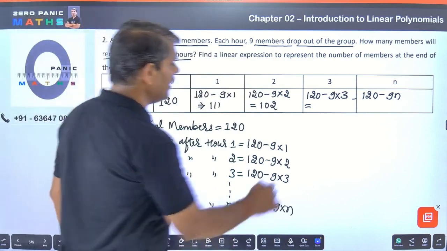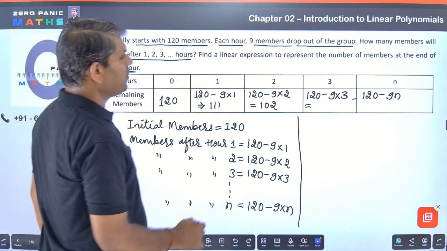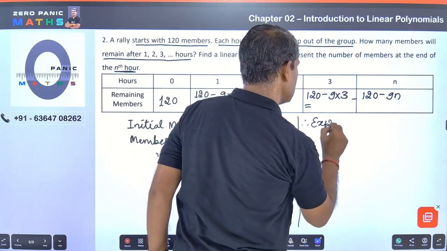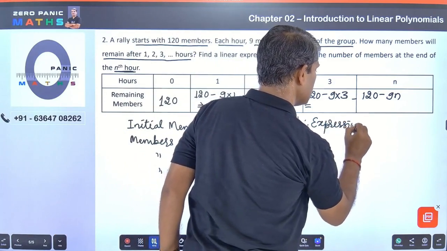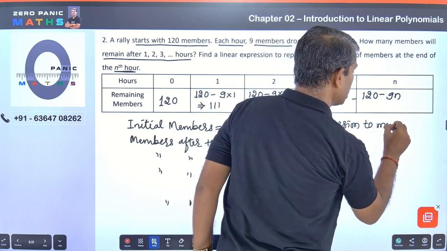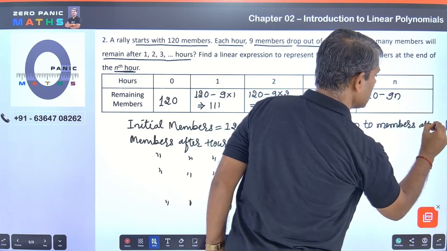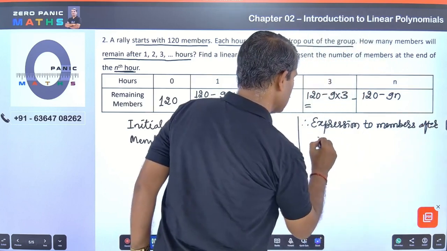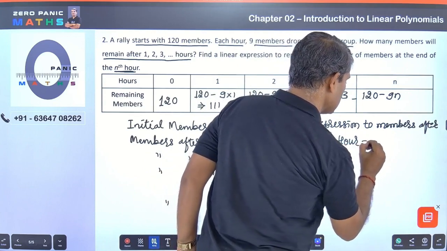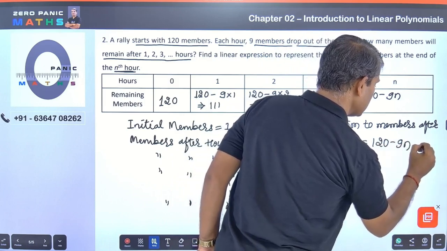So finally, the expression to represent the members after the nth hour is equal to 120 minus 9n.